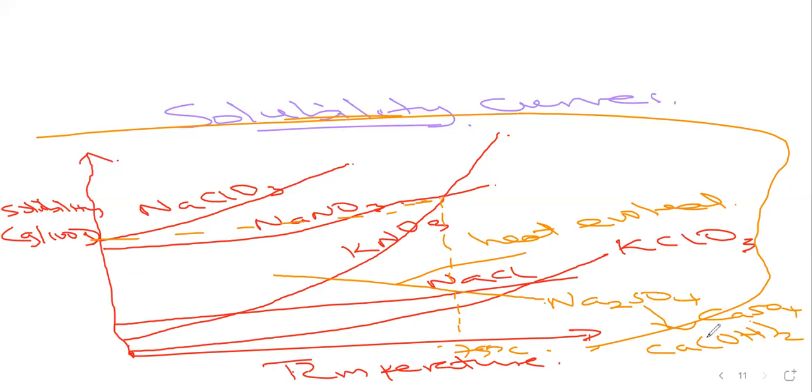Now we want to see how we can apply solubility curves. You have seen me sketching those curves, but how are they applicable? These solubility curves are applicable in what we call fractional crystallization.